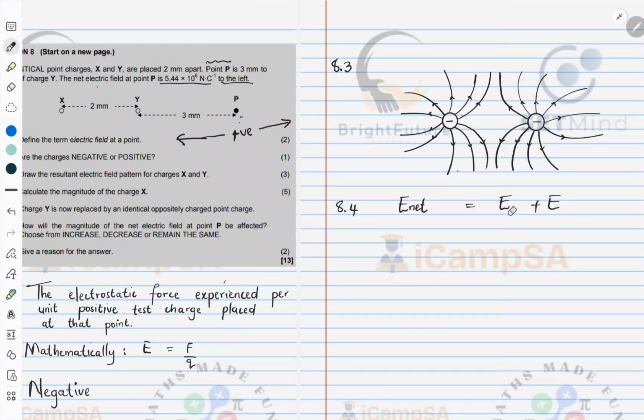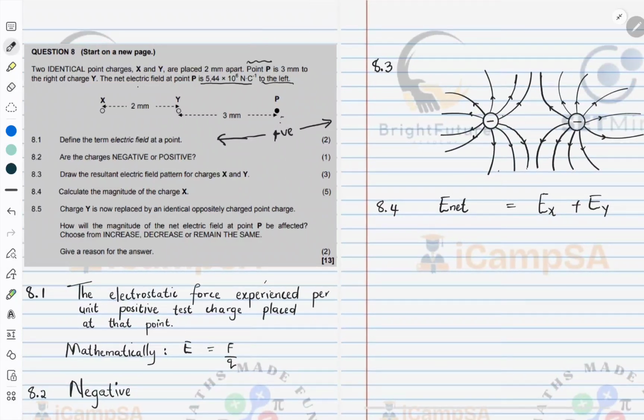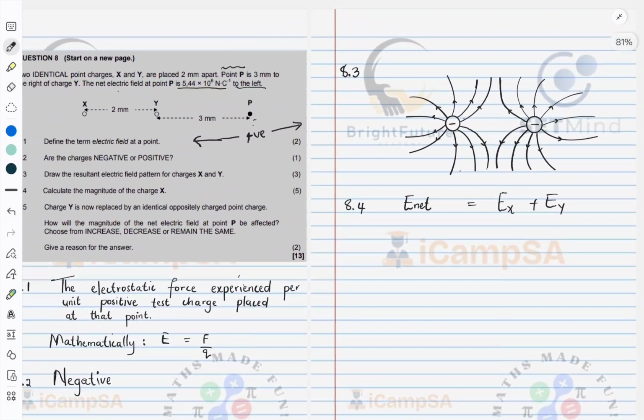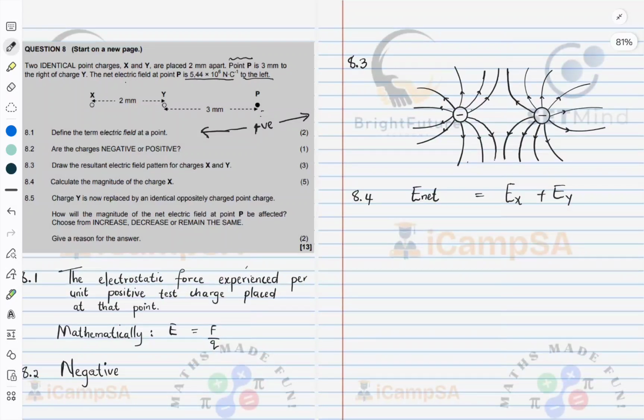Let me call it EX and EY for simplicity. What I mean by EX is the electric field at point P due to X, and EY is the electric field at point P due to Y. So that's how you would do it.